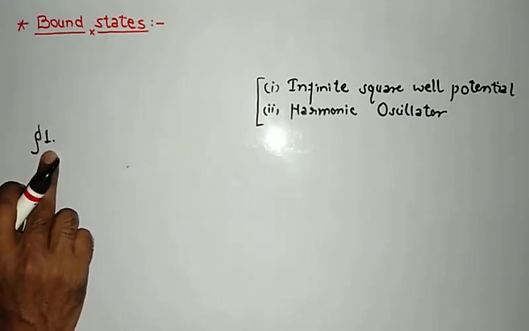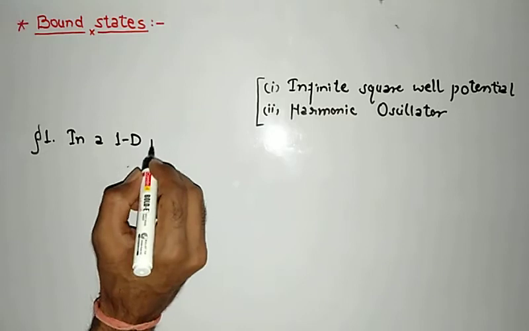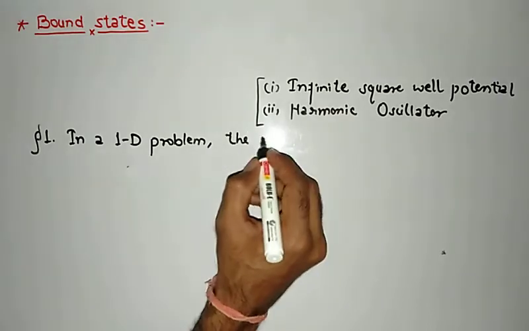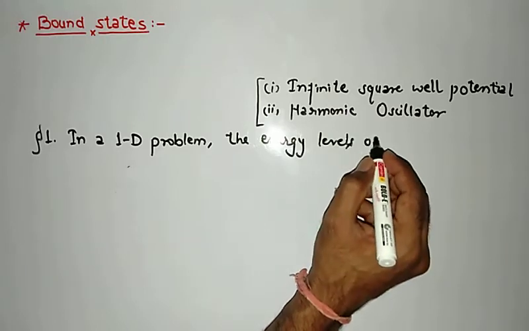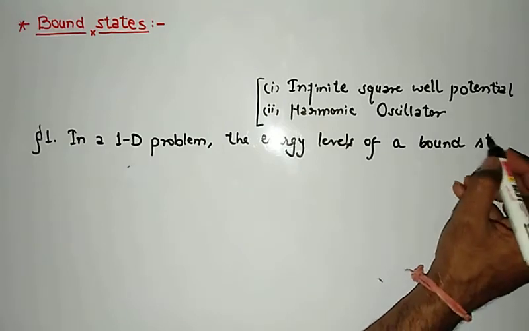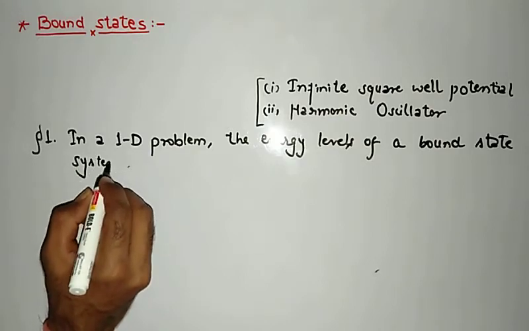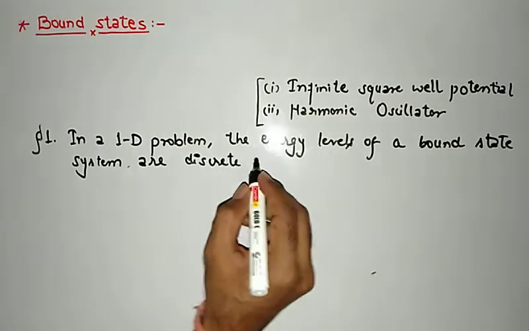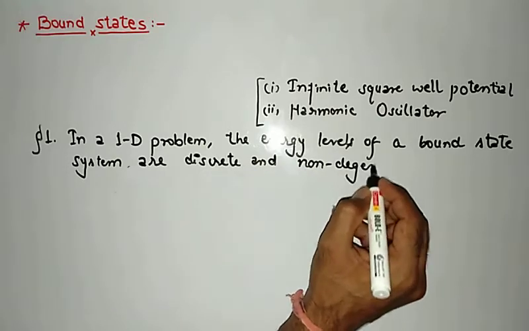Theorem number first: in a one-dimensional problem, the energy levels of a bound state system are discrete and non-degenerate.